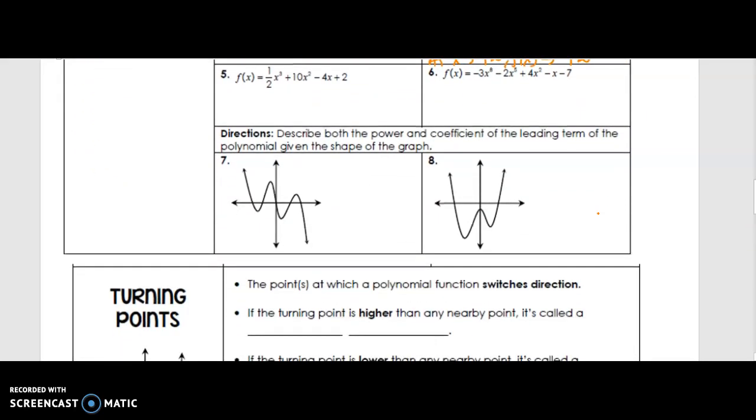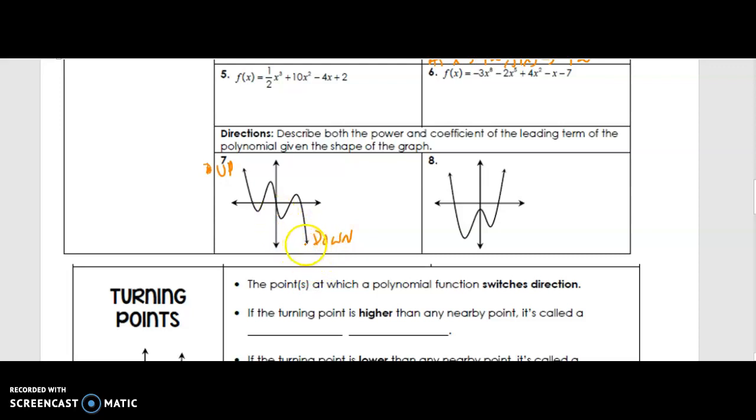Now if you see here, describe the power. Now the graph is given to you. He's asking you to estimate what could be the leading coefficient, leading term. How does the leading term look like? Okay, so here this is positive and this is going negative. So it's up and down. And this happens only in odd power. When it crosses the x-axis, both ends are not in the same direction.